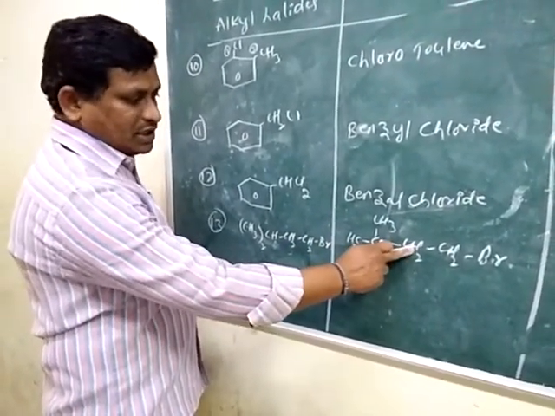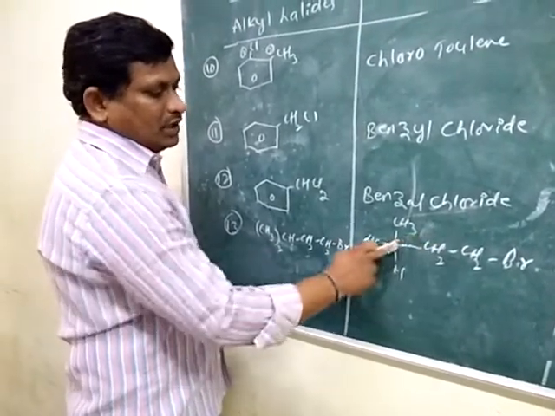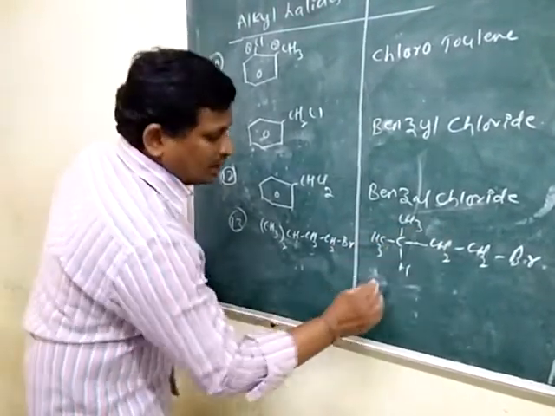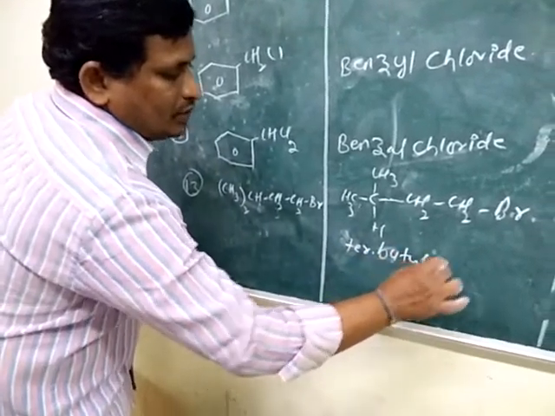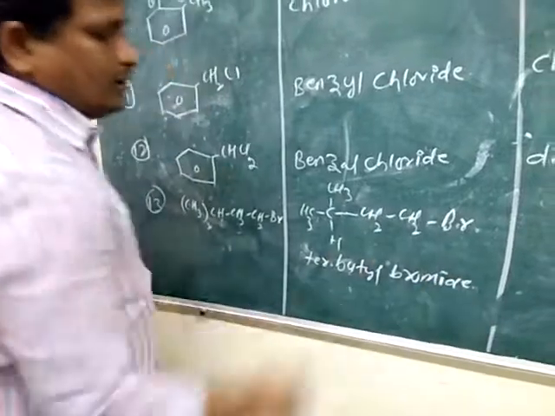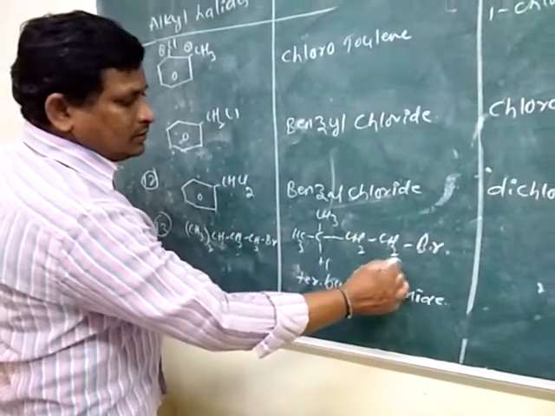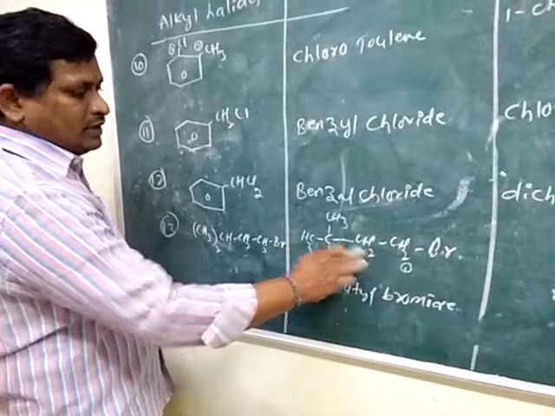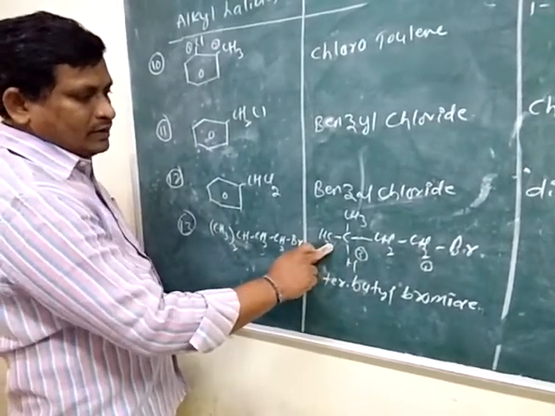So the common name is isopentyl bromide. Now numbering the carbons: first carbon, second carbon, third carbon, fourth carbon.